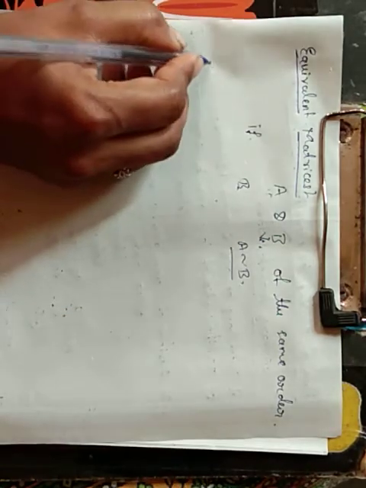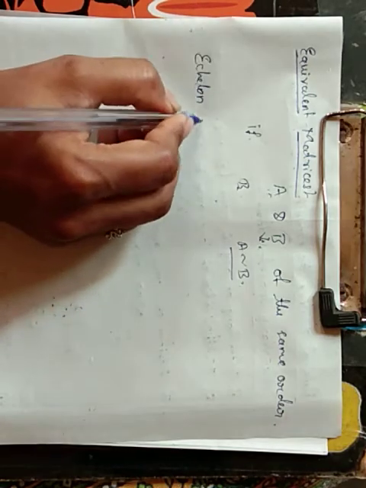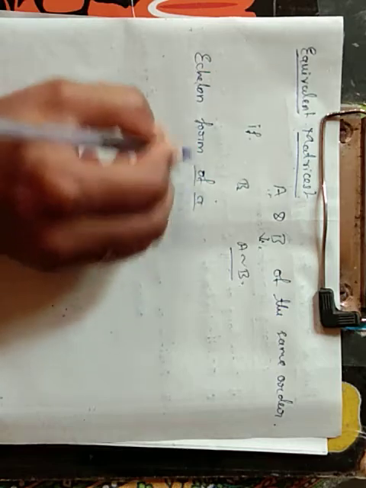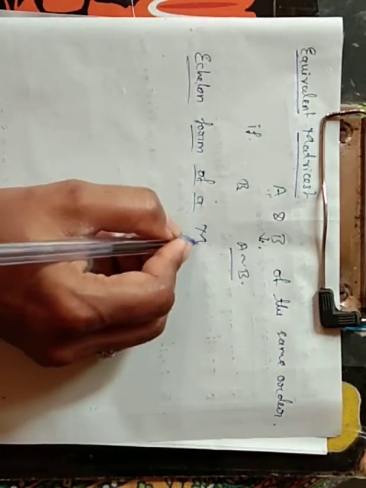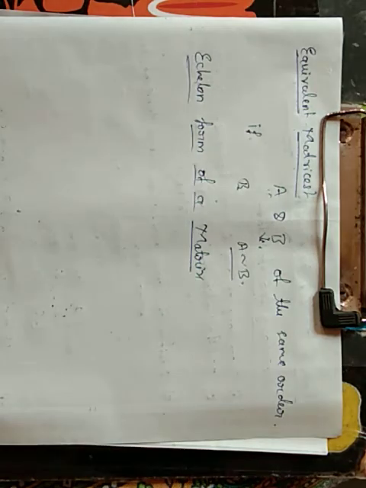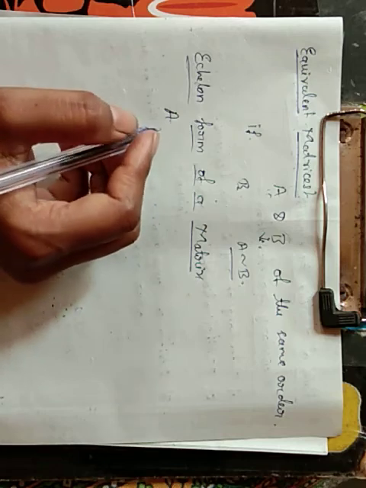Next is the echelon form of a matrix. So what is the echelon form of a matrix? Suppose A is a non-zero matrix.